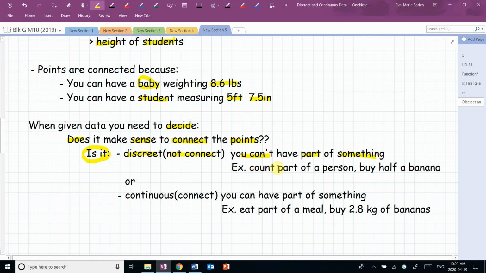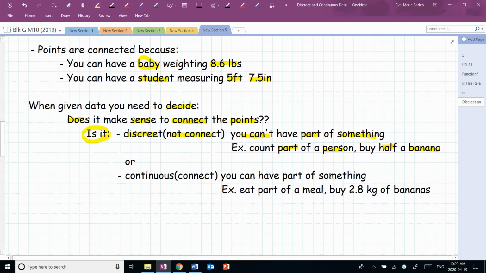You can't count part of a person. You can't buy half a banana. So part of a person and half of a banana, those are things that we would think of as discrete, because it's not possible to purchase those or count those.